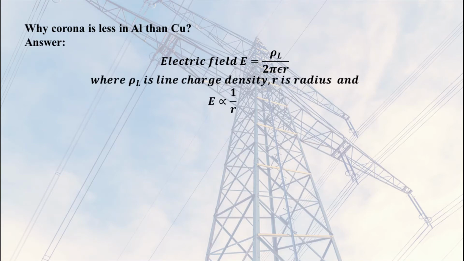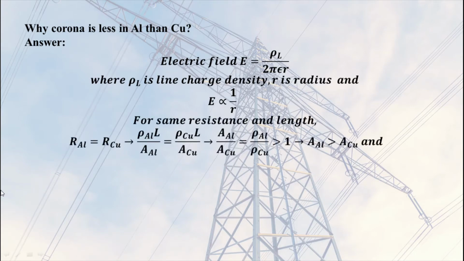Now take two wires. One is made up of aluminium and another is made up of copper. Both wires have same length L. And resistivity of copper wire is rho Cu and resistivity of aluminium wire is rho Al. Now the resistance of these two wires is same.